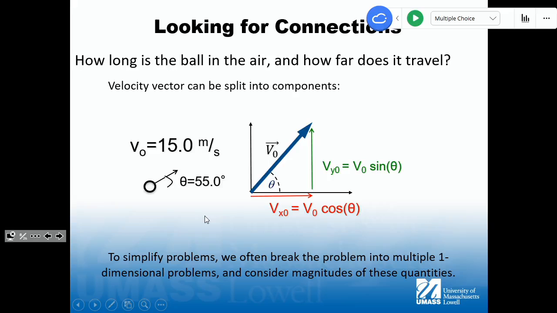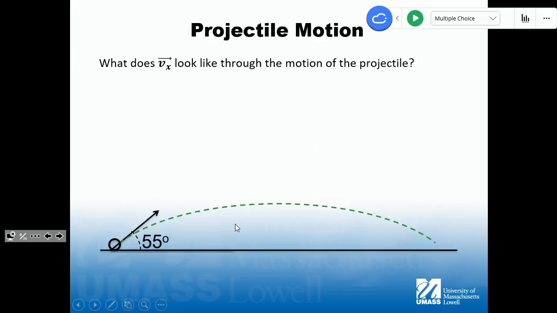The vertical one is v0 sine theta. And so now we have initial velocities in the x and y axis. You can check your numbers. And at that point, we can start breaking this problem up.